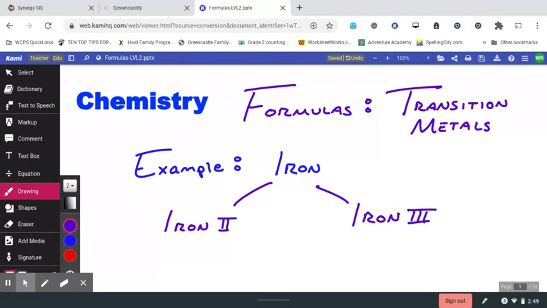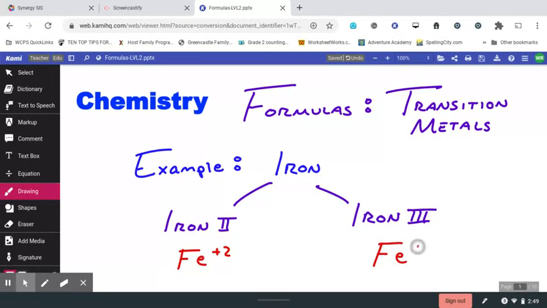So to write the correct charge form, iron 2 would have the +2 charge, iron 3 would have a +3 charge. Now, this will affect the formula and overall the molecule itself, so you actually have to consider which one you're dealing with in each case.